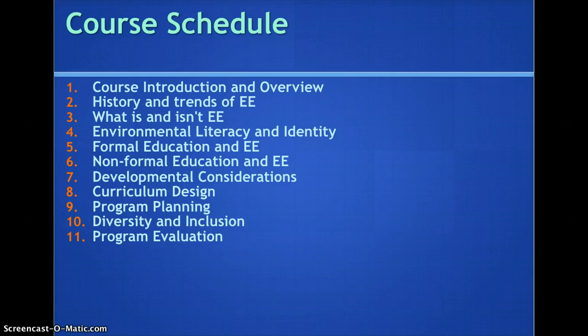Also looking at how we evaluate these programs. Are these programs being effective? This is something that is very important in environmental education, and as we said already, that was one of the learning outcomes. Looking at environmental education in the digital age, how technology and environmental education can meet together.